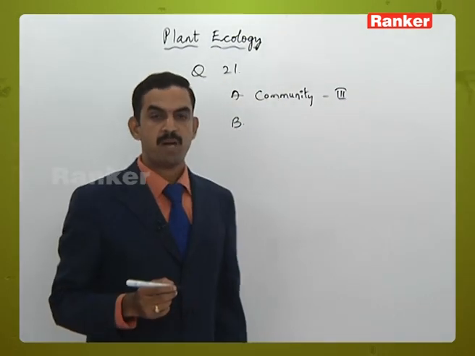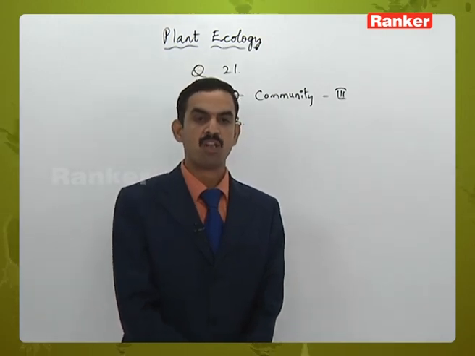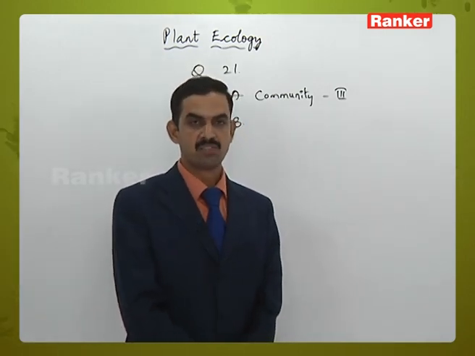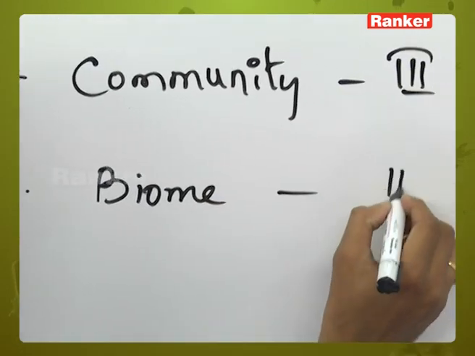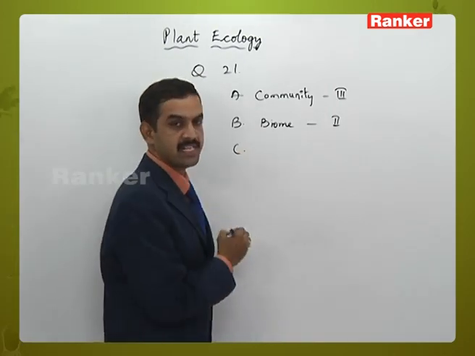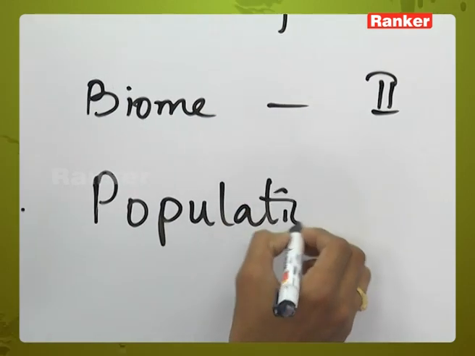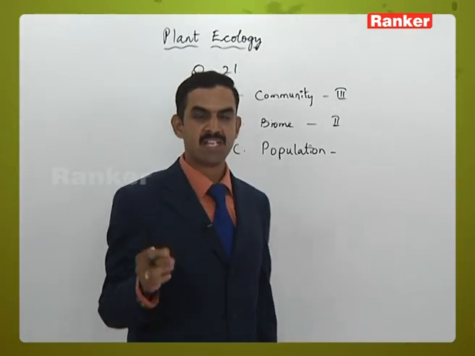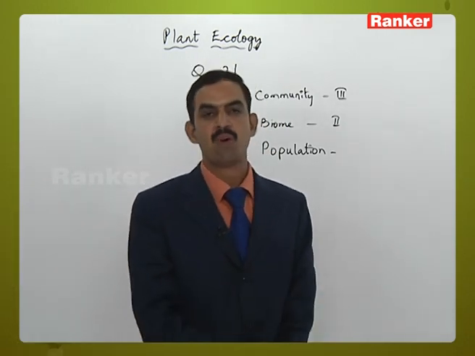Then, biome. Biome is the one which is occupying the fourth level of biological organization. Biome, fourth level, that is here in the option, 2. Then C is a population. Population is a group of individuals belonging to one species present in one area.